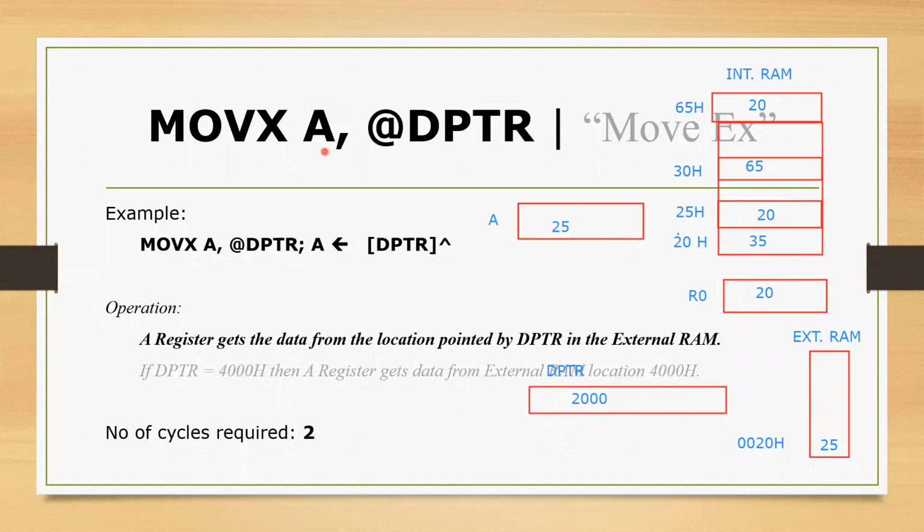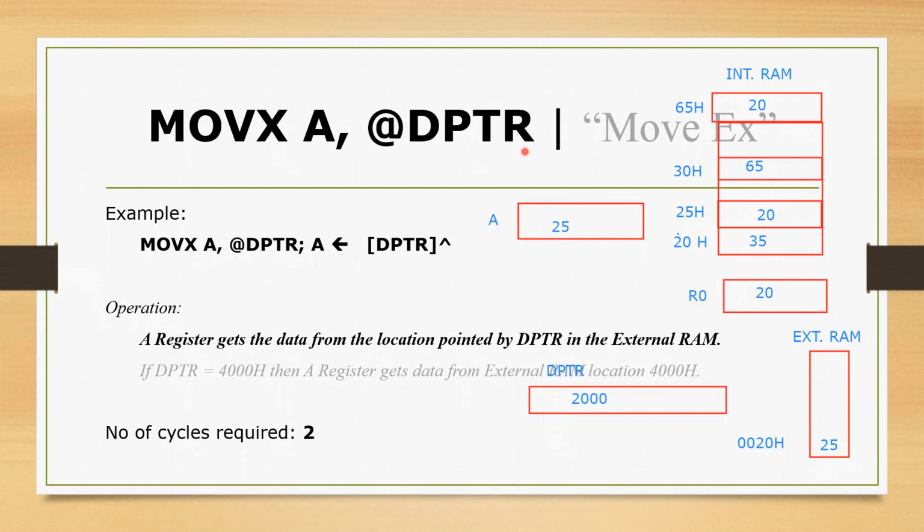So MOVX A, @DPTR. For accessing the external memory, so external RAM, usually we use the DPTR register because DPTR is a 16-bit register, so easily we can give 16-bit data. But we can also use the register R0 and R1.